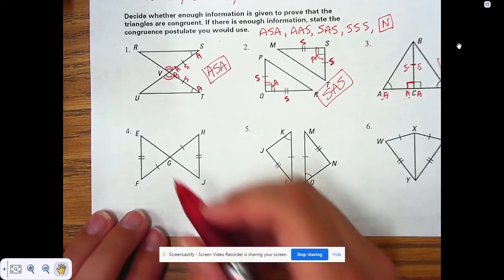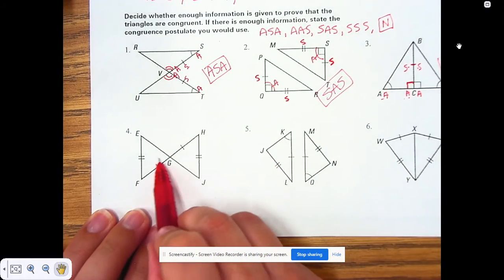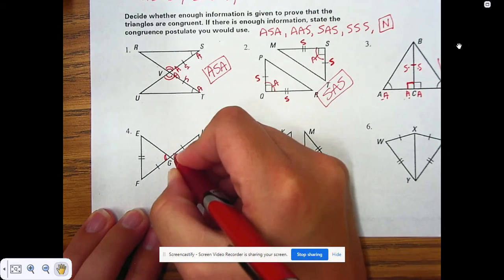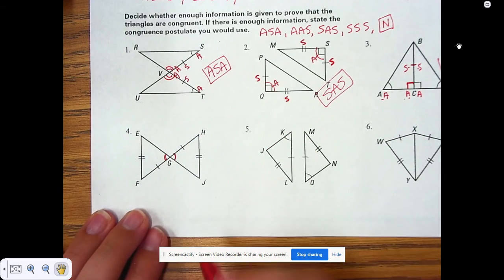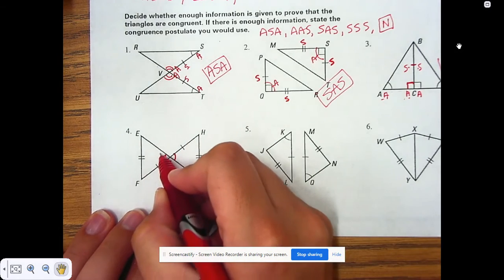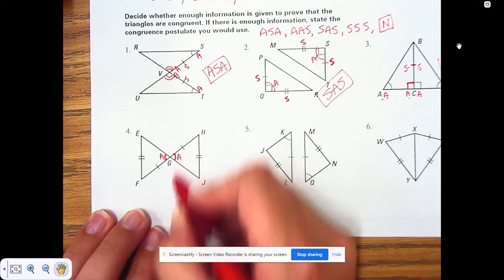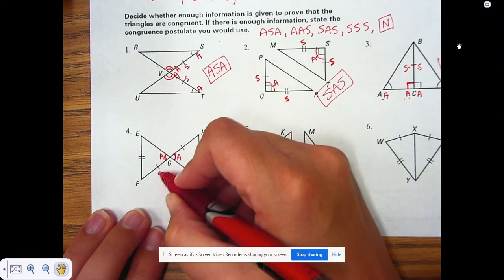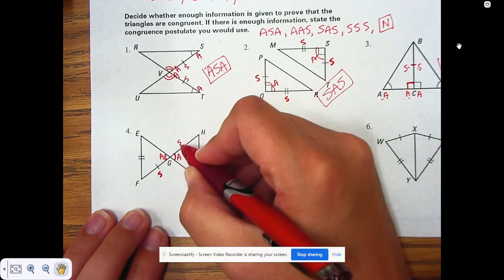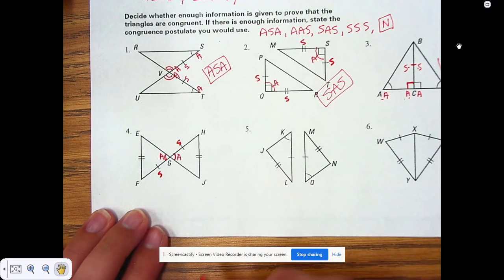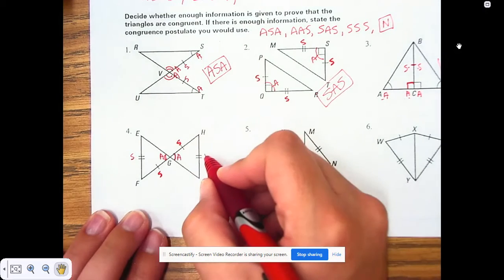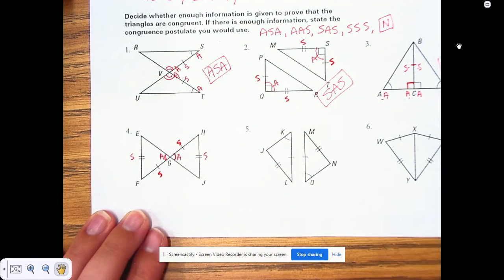Okay, number 4. Once again, I have this set up where I need to add my vertical angles to the picture. And so I have that this angle is congruent to this angle. I have that FG, which is a side, is congruent to GH or HG. And I have that EF is congruent to HJ.